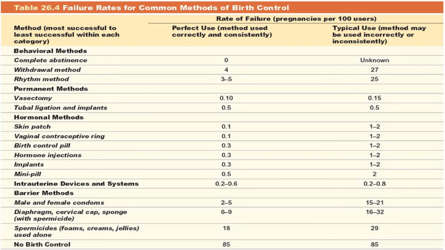We get down to as low as 0.1 per 100, 0.1%, with the skin patch and the vaginal contraceptive ring. A vasectomy gets down to 0.1. Tubal ligation gets down to 0.5%. Male and female condoms, 2%. So there is no perfect method except complete abstinence. Take from that what you will.